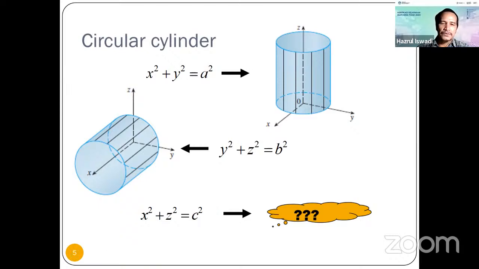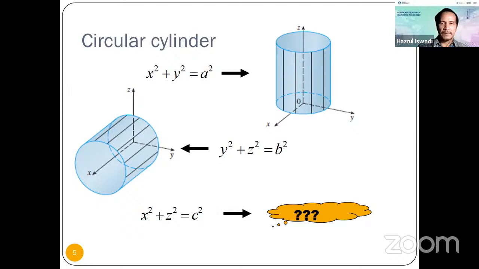I hope you can draw the circular cylinder based on this formula: x square plus z square is equal to c square.